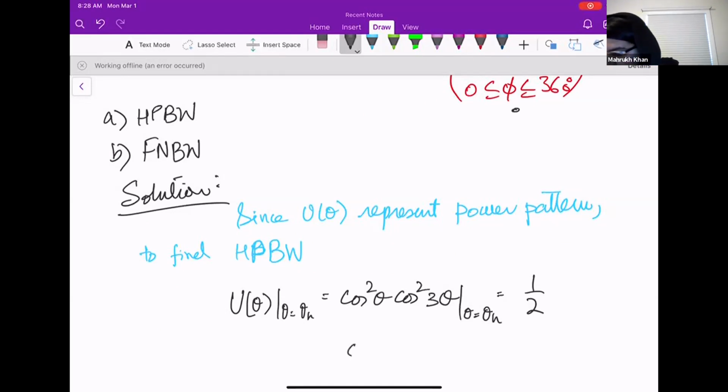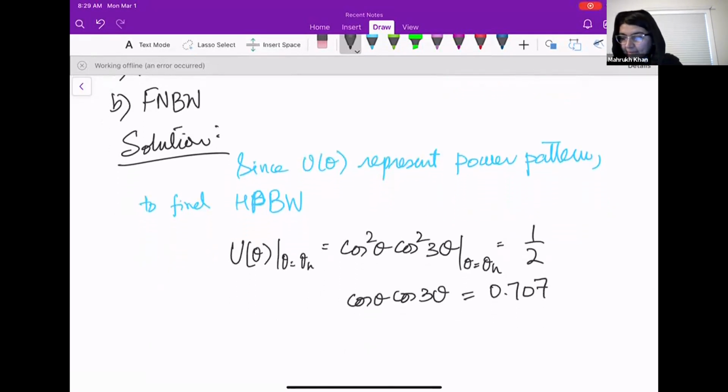If I take the square root of this, it becomes 0.707. Now in this equation, to find the half power beamwidth, you have to apply iterations to see at what point you get this.